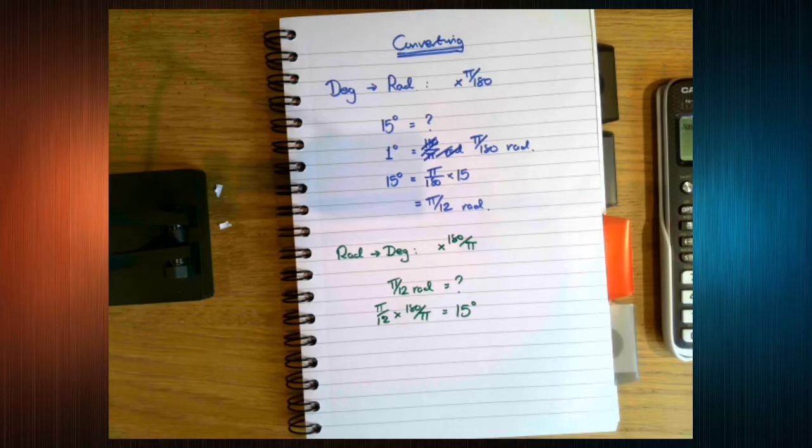Because an aeroplane is a large construct, we want to be able to talk about bearings in terms of large numbers. So travelling on a bearing of 120 degrees means a lot more than giving the same bearing in radians, whereas with radians those numbers are very small, comparatively.